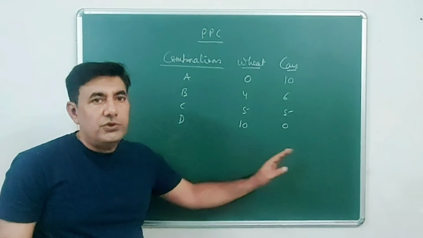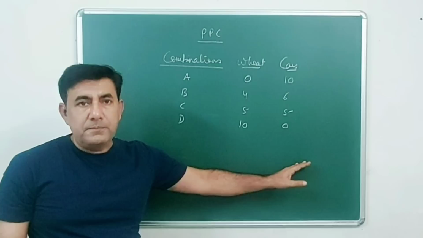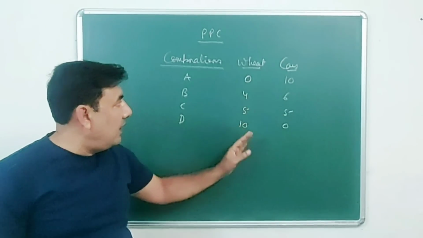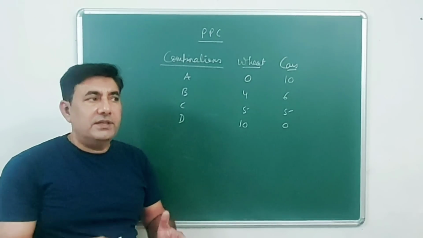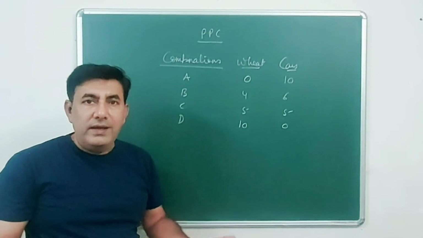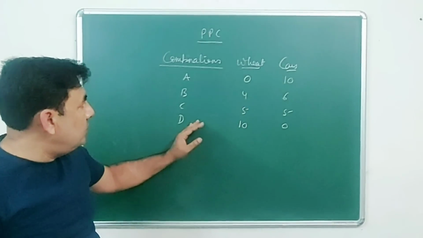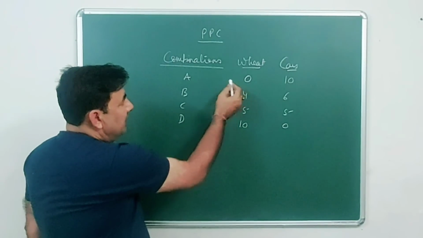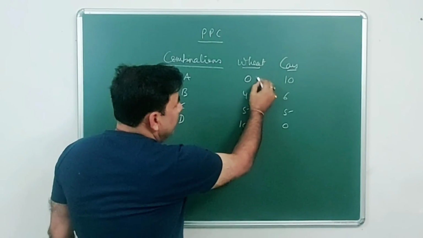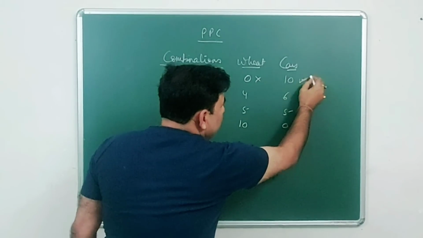Now suppose we have two choices, wheat and cars. We have to decide how much wheat to manufacture and how much rice or car or anything else. So we need to choose the best combination, right? In the first combination, we are not manufacturing any wheat, we are only manufacturing cars.